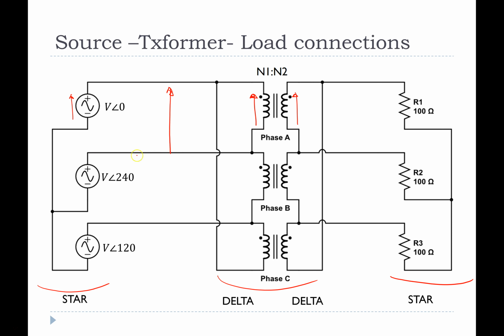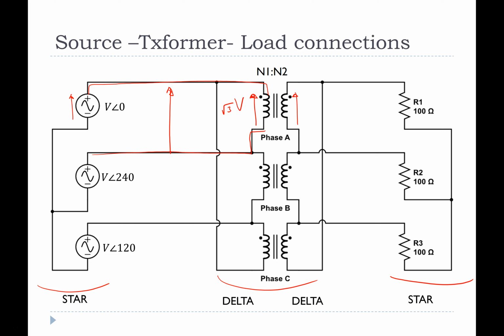You can see here, this is one line and this is one line here. So it's not the phase voltage, but the line-to-line voltage that appears across the transformer. So the magnitude of the voltage across the transformer would actually be √3V.